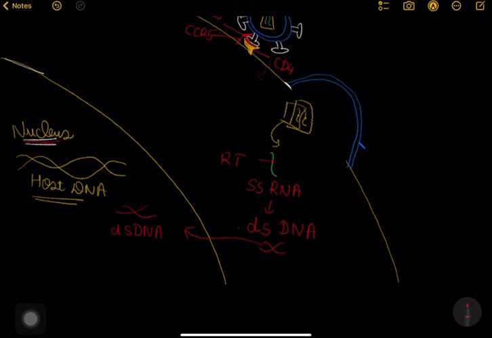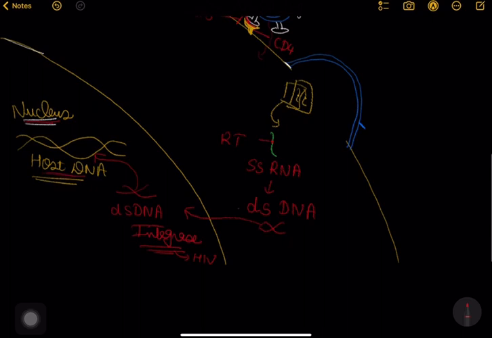Now what's going to happen? Enzyme integrase is going to get active. Okay, this integrase is again from HIV, right? So this enzyme is going to get active, and what's it going to do? It's going to incorporate this double-stranded DNA inside the host DNA, right?